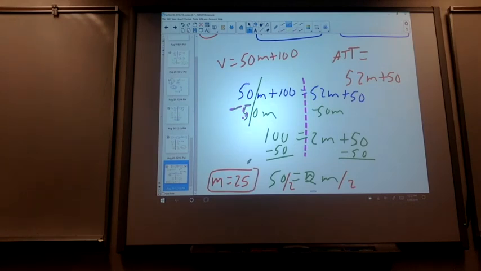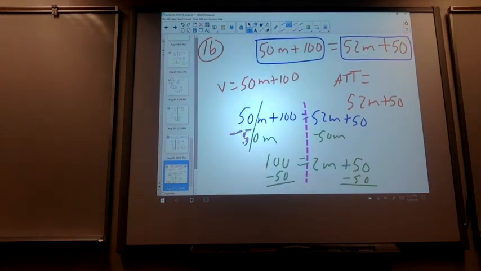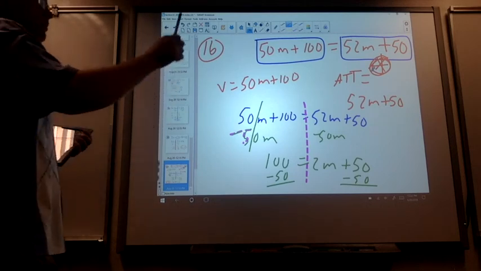What does that 25 represent? Months. So at 25 months, depending upon what plan you pick, you have now paid the exact same amount of money. And then after 25 months, this one is going to become more expensive, because you have a higher monthly rate, even though you paid less up front.